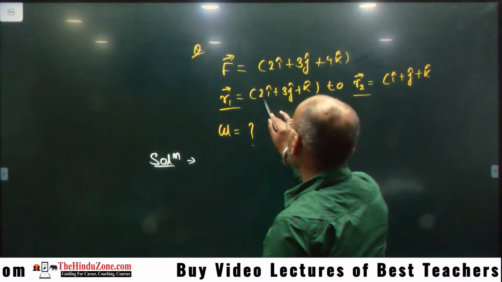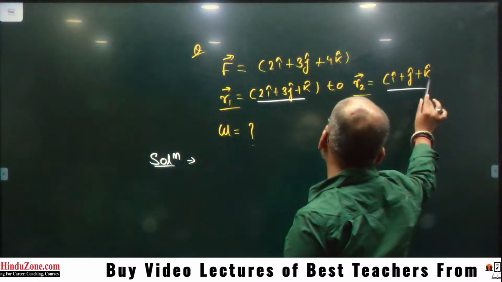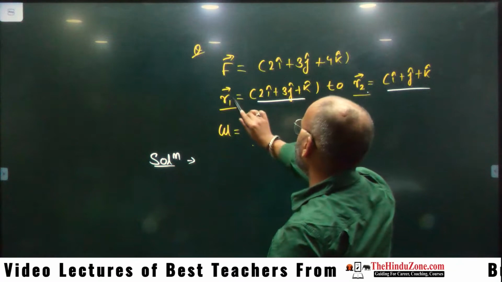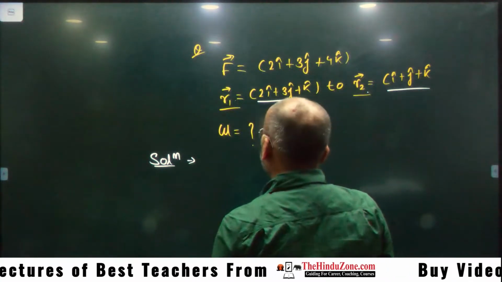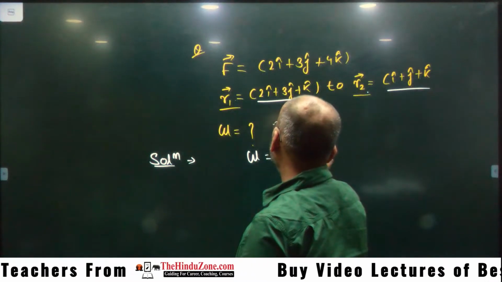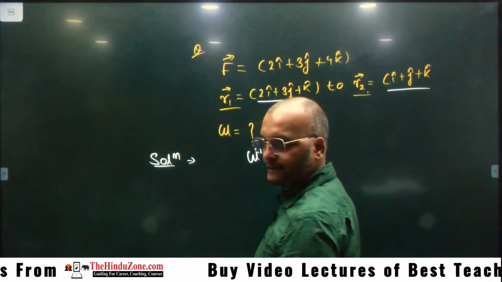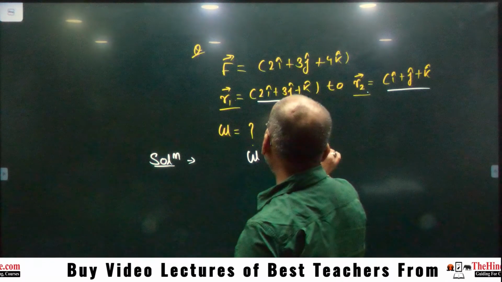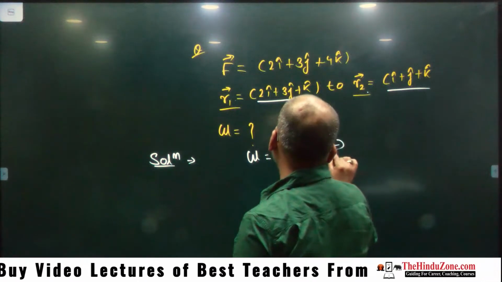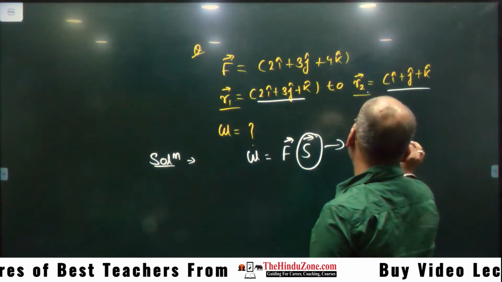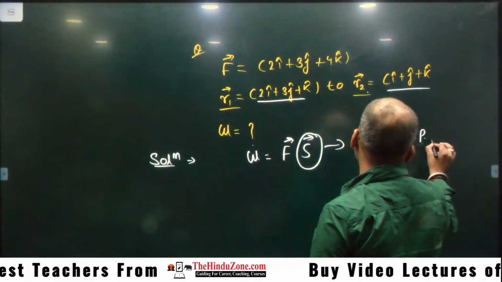Please see, the body is moving from this position to this position. So this is the final position and this is the initial position. Work done is equal to force vector dot displacement vector. Displacement vector is equal to final position vector minus initial position vector.